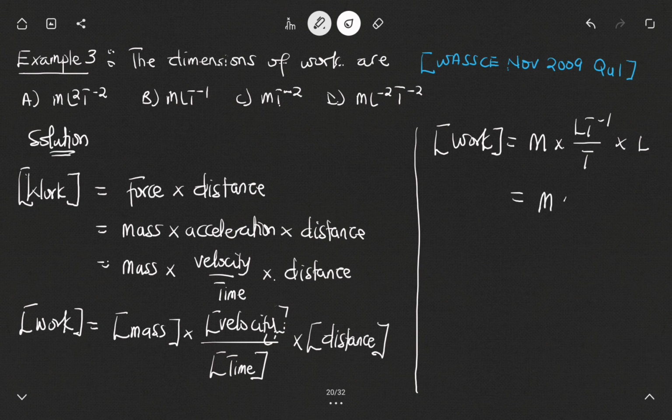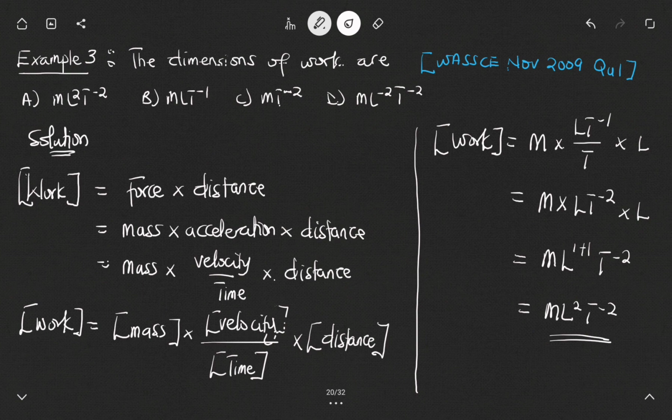So I have M multiplied by LT minus 2, because I sent the T at the bottom to the top, multiplied by another L. Finally I have M, then 2L here, power 1 plus 1, then the T here will have minus 2. So my final answer is ML squared T minus 2. This becomes the dimension for work. If we look at that, we see that option 1 gives us that answer. So the dimension for work is ML squared T minus 2, and option A is the right answer.